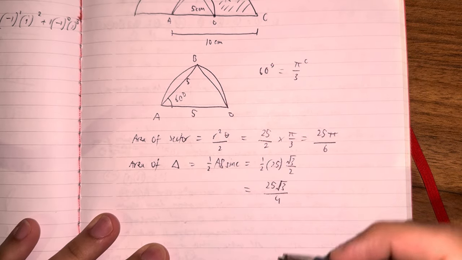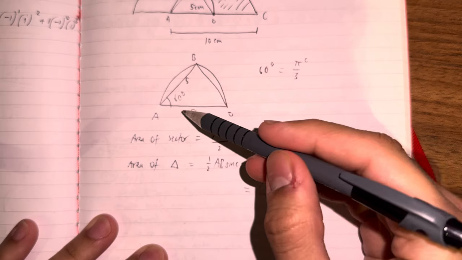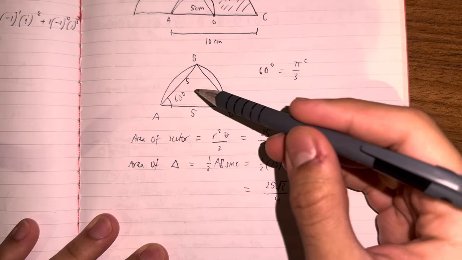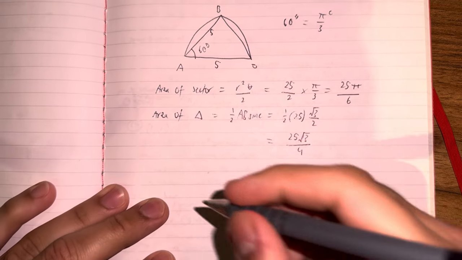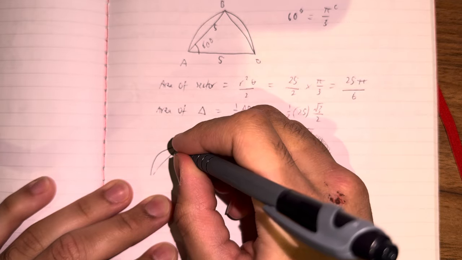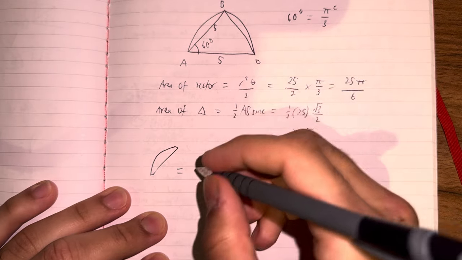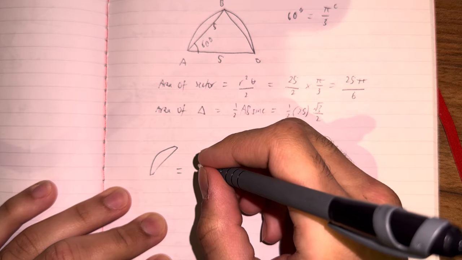So now the area of this whole shape is equal to the area of the sector, plus this area here, which is equal to the sector minus the triangle. So let's get the area of this shape here, that little moon shape you can call it. So this area is equal to 25 pi over 6 minus 25 root 3 over 4.